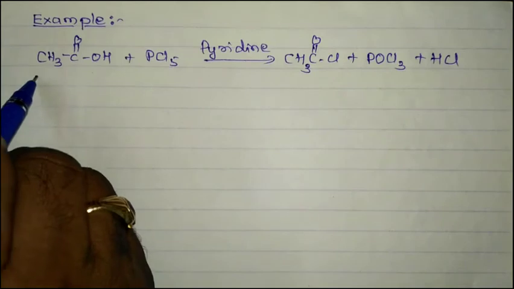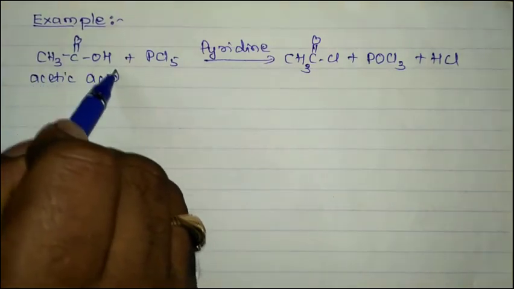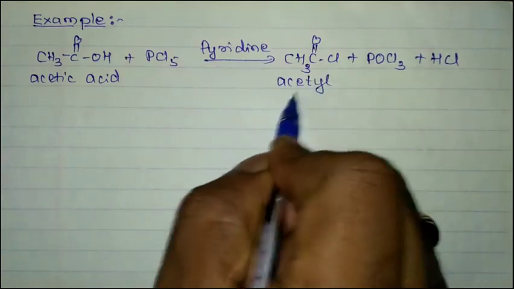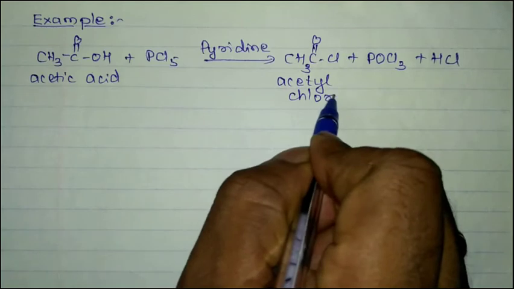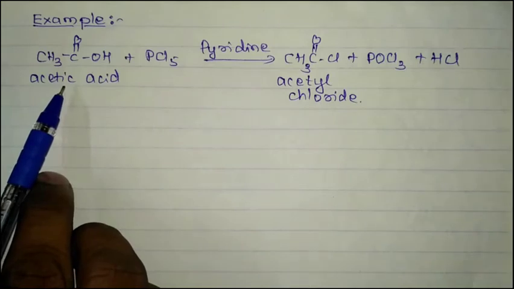This is acetic acid, and this is acetyl chloride, CH3COCl. This is an example of formation of acid chloride starting from carboxylic acid.